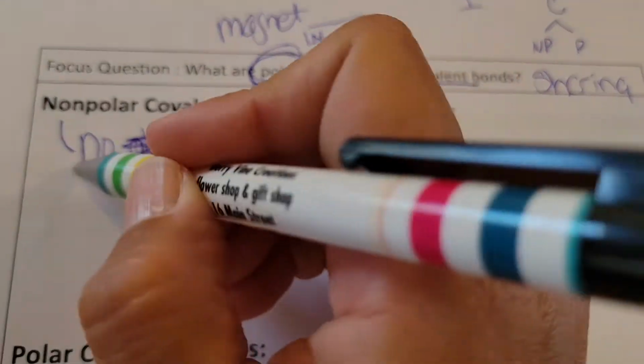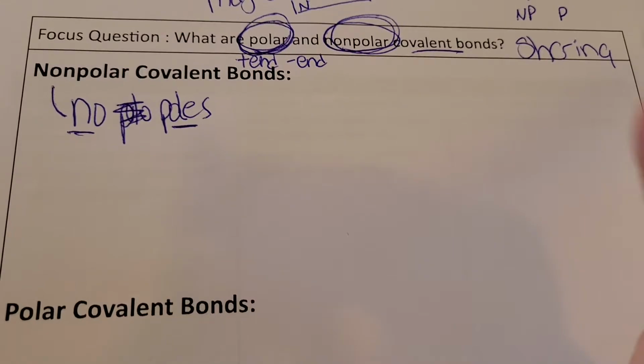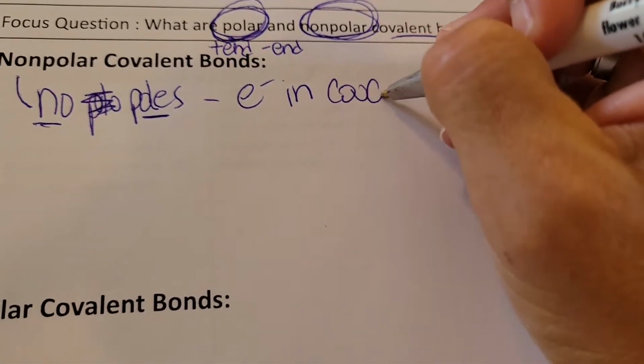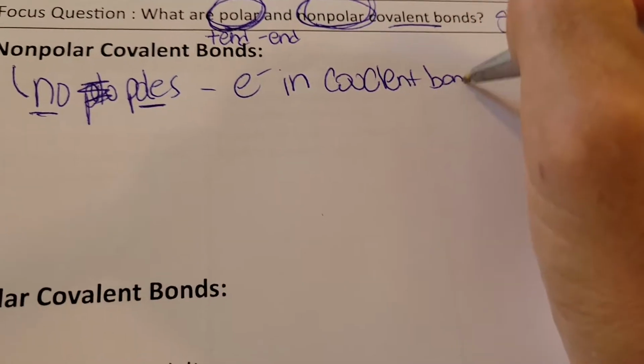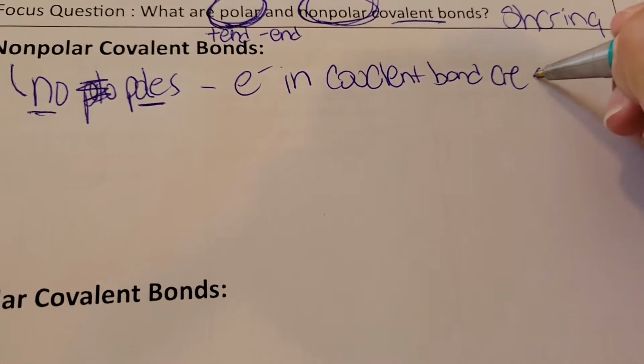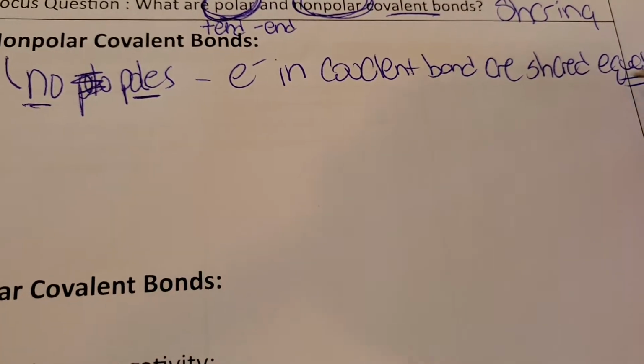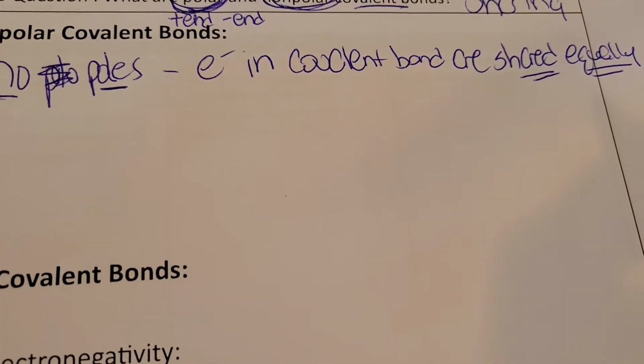So nonpolar is the idea that we don't have poles. So no poles. In other words, the electrons in the covalent bond are shared equally. That's the key idea.